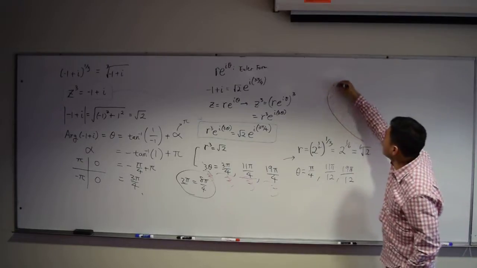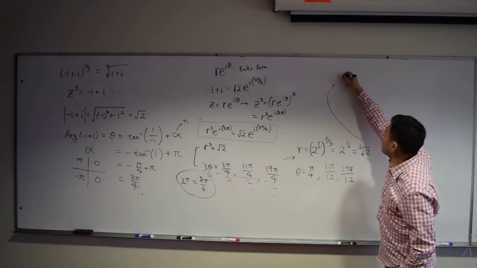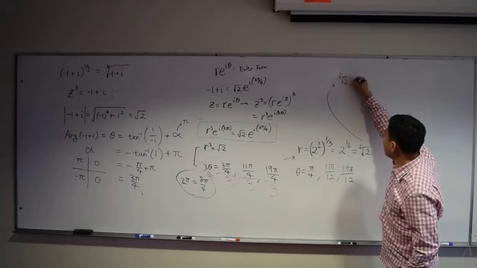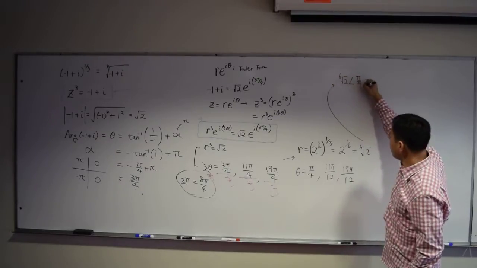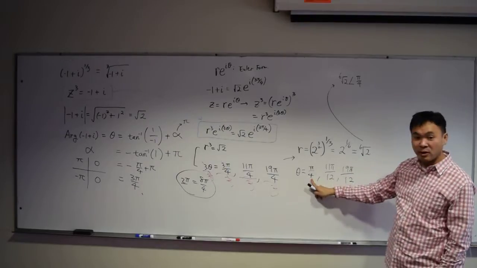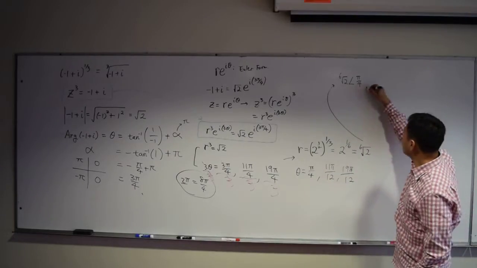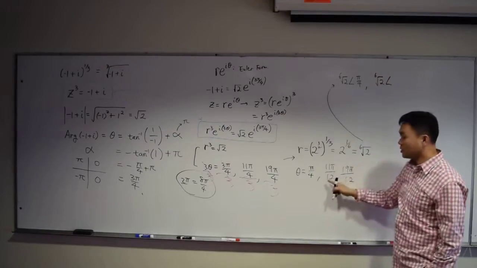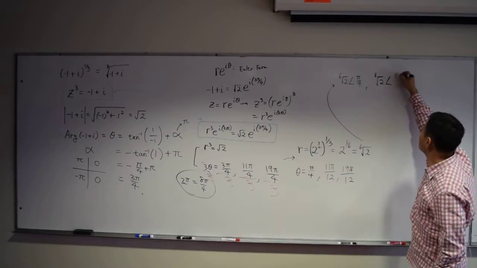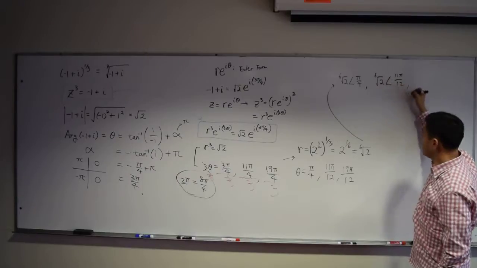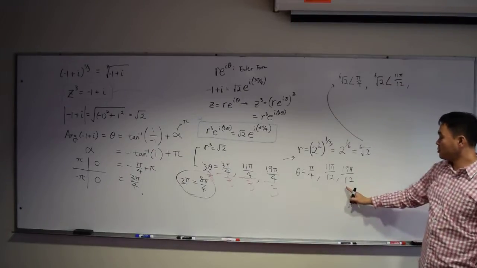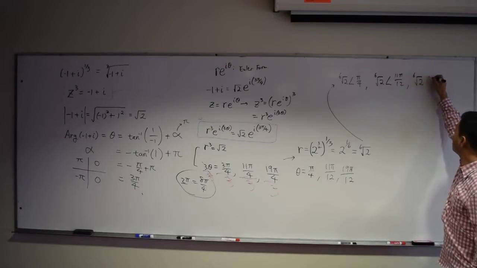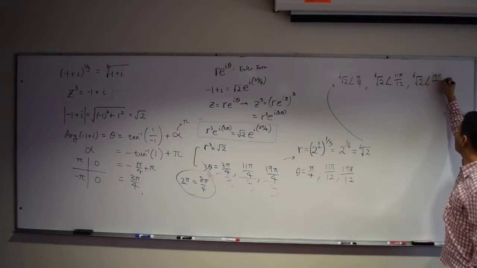So here, the answer is the 6th root of 2 angle pi over 4, if I pair this with the first angle. And then 6th root of 2 angle 11 pi over 12. And then 6th root of 2 paired with this, you get 19 pi over 12.